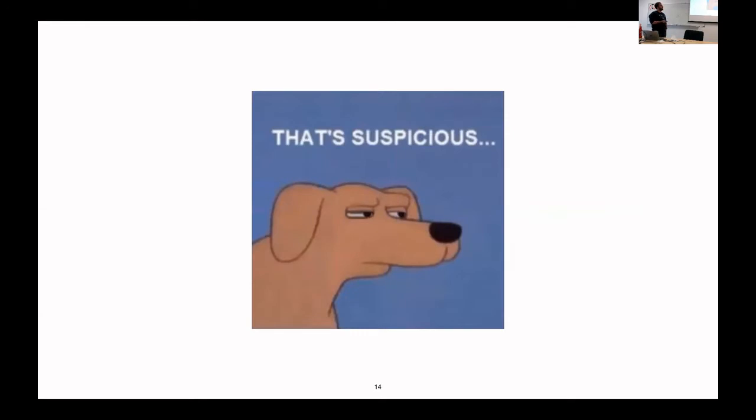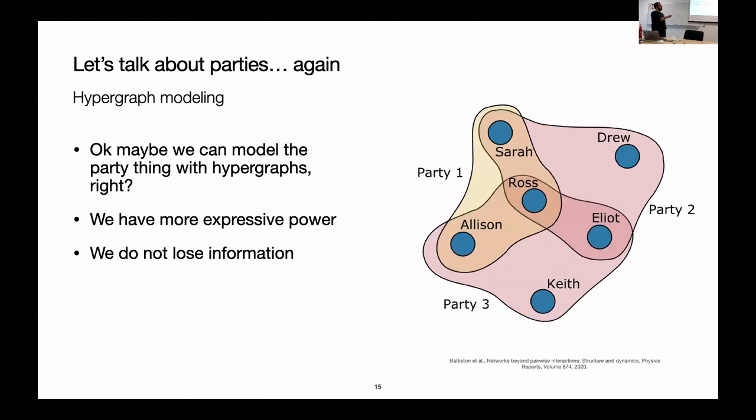Okay, so that sounds suspicious. Why did we introduce this notion? Because it comes really handy for describing the party example. Now we are naturally able to encode the parties in hyperedges, which are just sets. Each party is a set and involves multiple people at the same time.